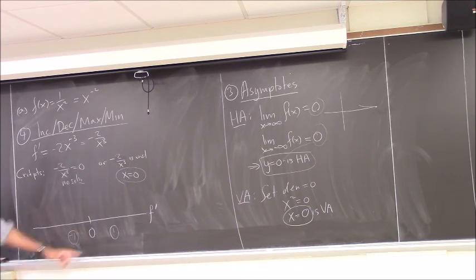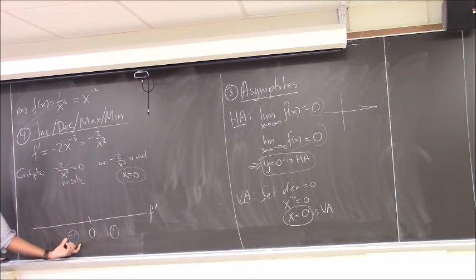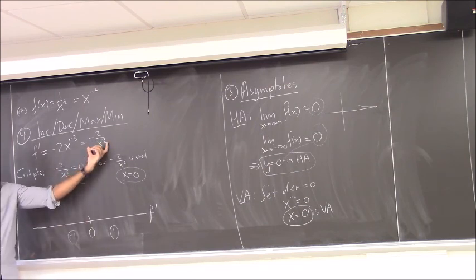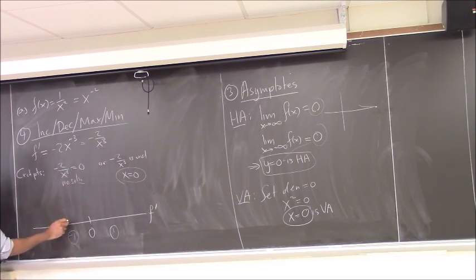I'm going to plug these two numbers into the first derivative, which is this expression. If I plug in a -1 here, do I get a positive or a negative? I get a positive because I get -1 cubed, which is negative, and I have -2 divided by negative. So it's going to give me a positive number here, which means increasing.